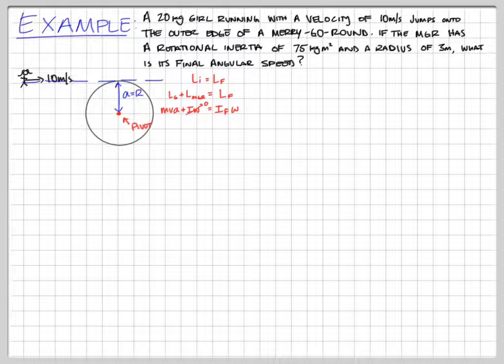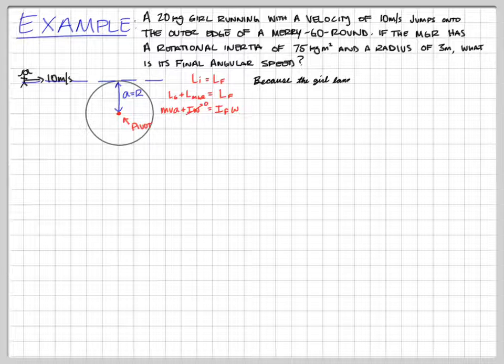equals the final moment of inertia. We're going to talk about what happens there, plus omega. So the girl's angular momentum equals the final angular momentum of the system. mvA equals the final rotational inertia times omega.